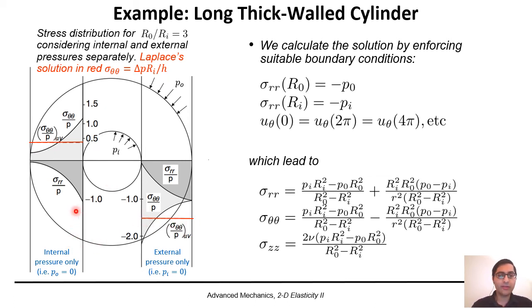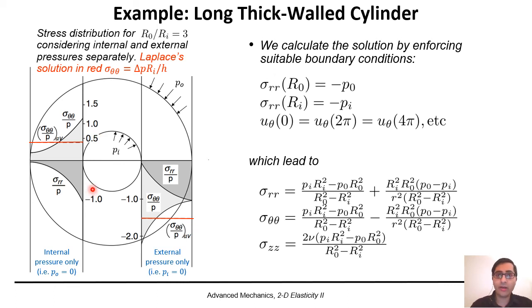Okay, let's have a look at the plots on the left side. It's for the case that we have only internal pressure. So basically PO is 0, the external pressure is 0. You see that the radial stress on the outer surface, where the pressure is 0, is almost 0. And both the radial and circumferential stresses get to a maximum value as we move toward the inner circle.